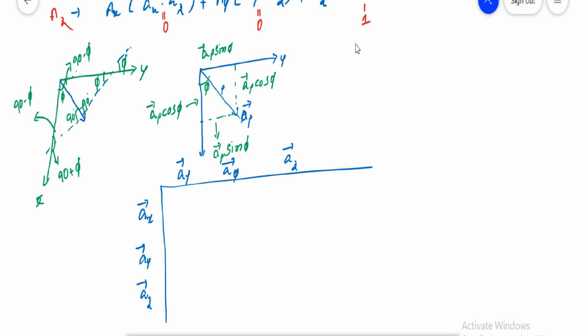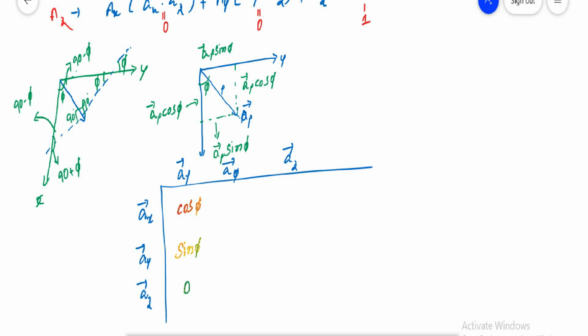So what we got here, AX is nothing but your A rho cos phi. So can I write here cos phi? So AX is nothing but A rho cos phi. AY is equal to A rho sin phi, and AZ is equal to, there is no projection, so that is equal to 0.